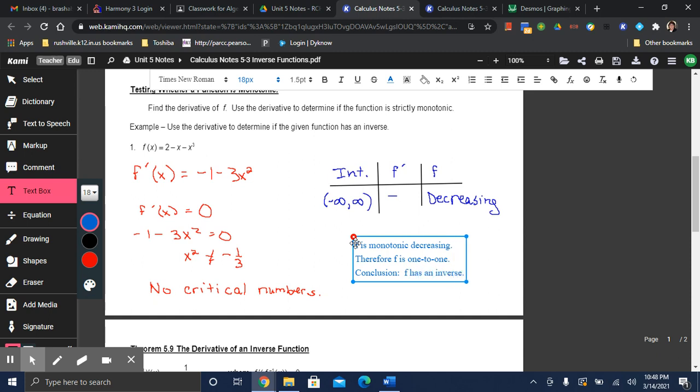It doesn't ask us to find that inverse, just to show or determine if f does have an inverse.